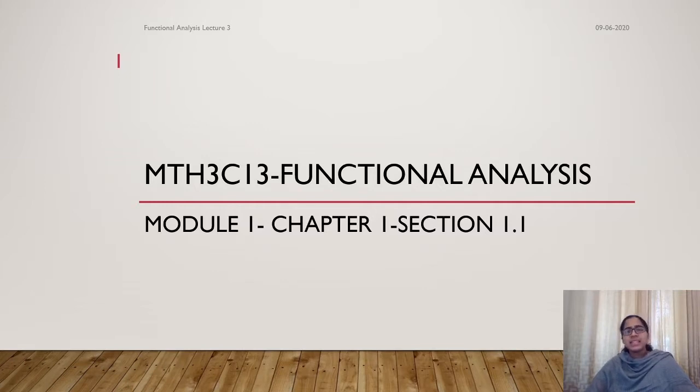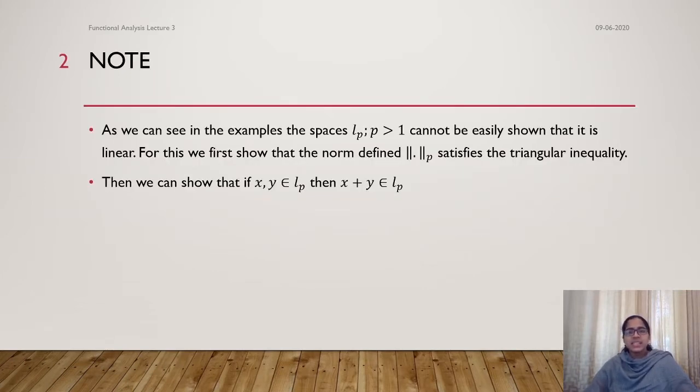In that example, we can see that for the space l^p, where p is greater than 1, it cannot be easily shown whether it is linear or not. To show that the space is linear, we first have to verify that the norm p that we have defined, that is norm p of x equals (summation |xi|^p) whole raised to 1 by p, satisfies the triangular inequality.